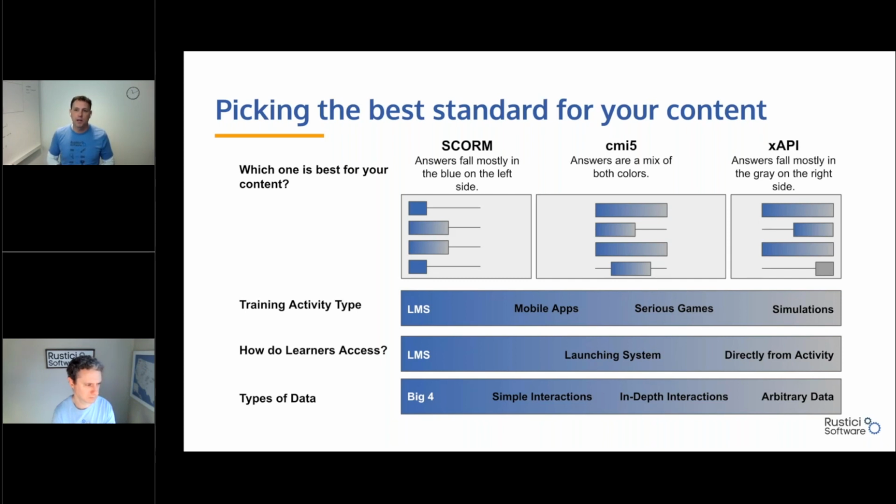It's going to be the most widely adopted. But as we go across the screen, you start to answer questions like, I want to have activity types that are more interesting than a slideshow with a quiz at the end. We're talking about mobile apps, serious games, simulations, those types of things. They move us across the spectrum towards something that can capture more and more interesting data, like xAPI.